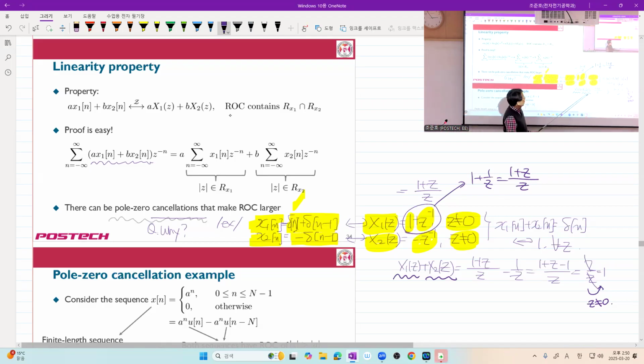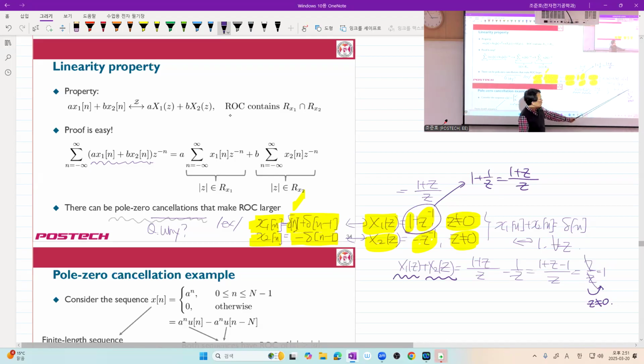if you start from the summation of the signals, then z can be 0. What happened? Here, your pole at the origin is cancelled by a zero at the origin. So even though from here to there z cannot be 0, actually, as you see from the definition of the Z transform, that is allowed.